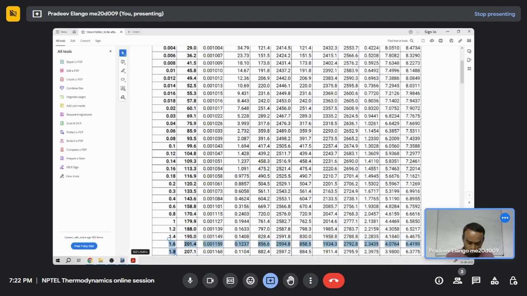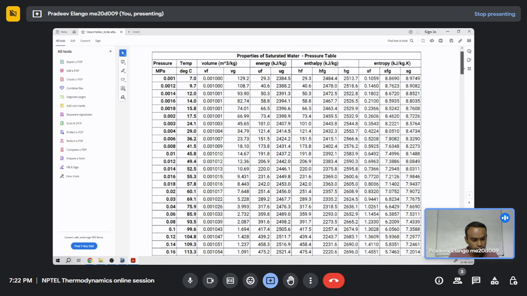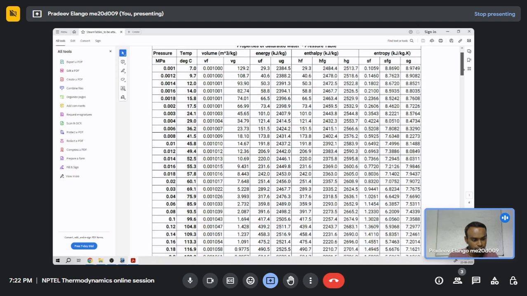Now we need to find the value of enthalpy HF, and HFG is enough.